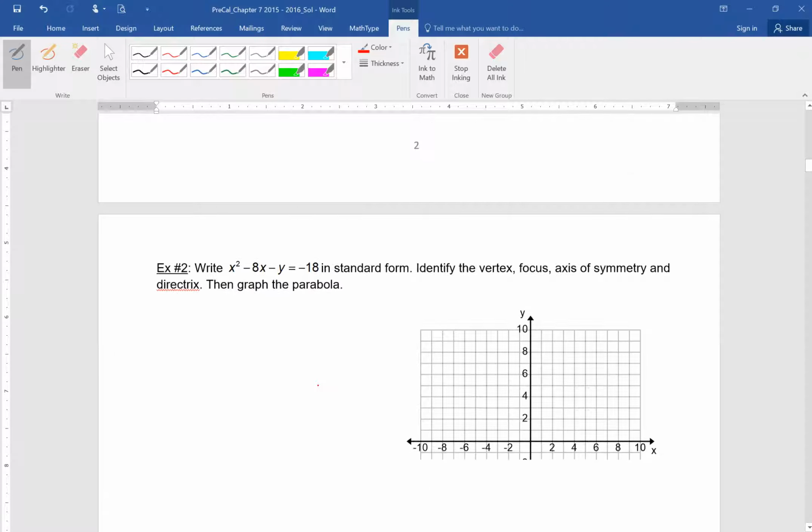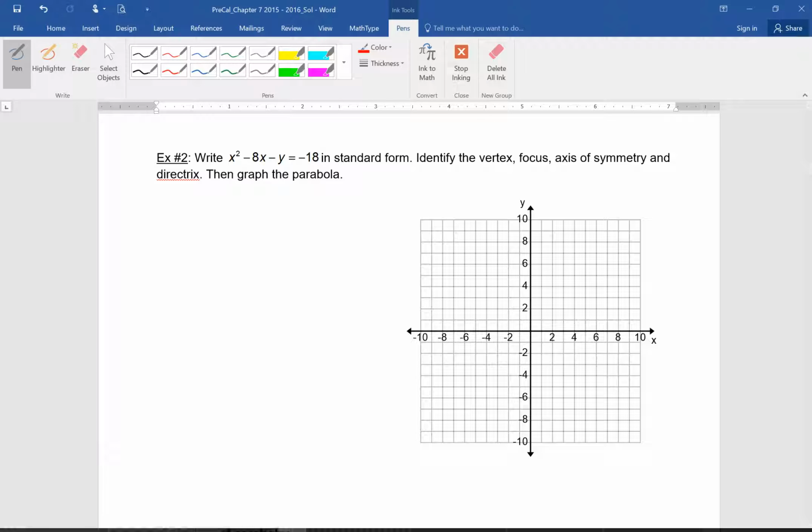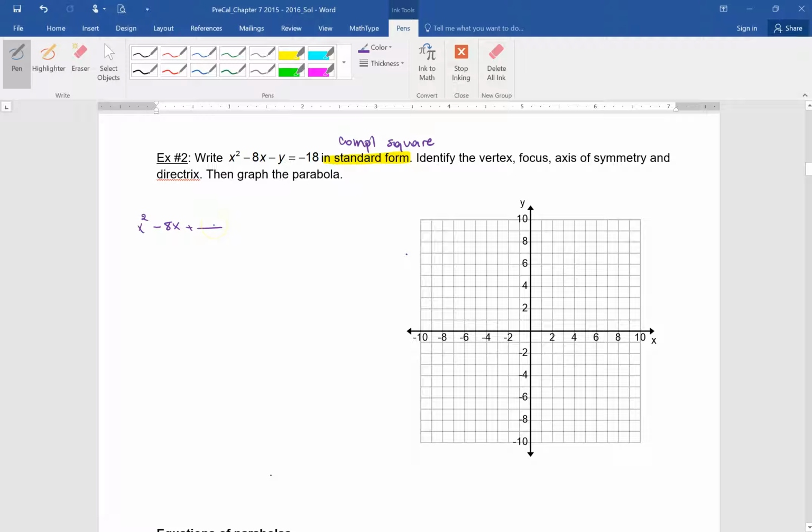All right, let's do one more. Now, to write in standard form, we have to do what we call completing the square. All right, so here's what we do. It's x squared minus 8x plus a number, remember, equals, now you move this to the other side, so it's y minus 18 plus a number.